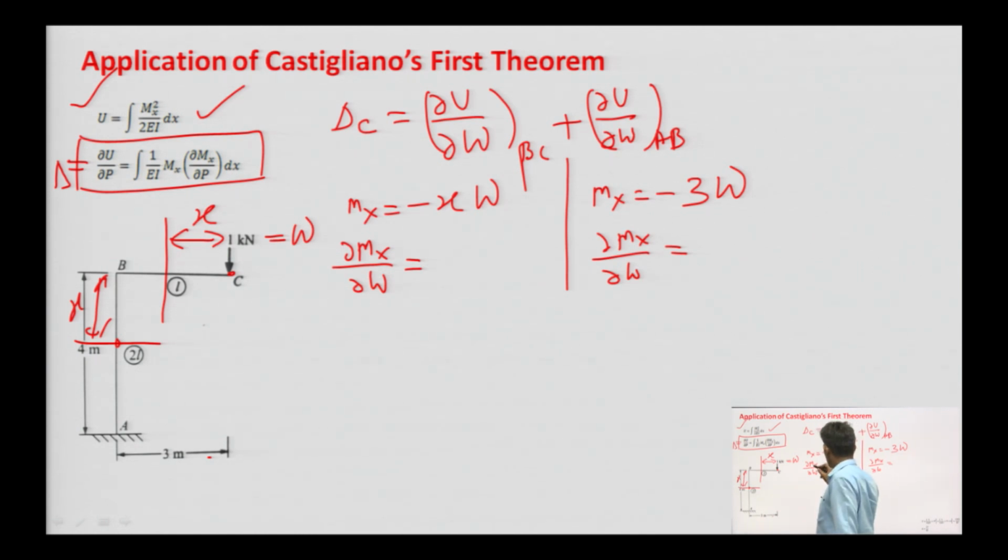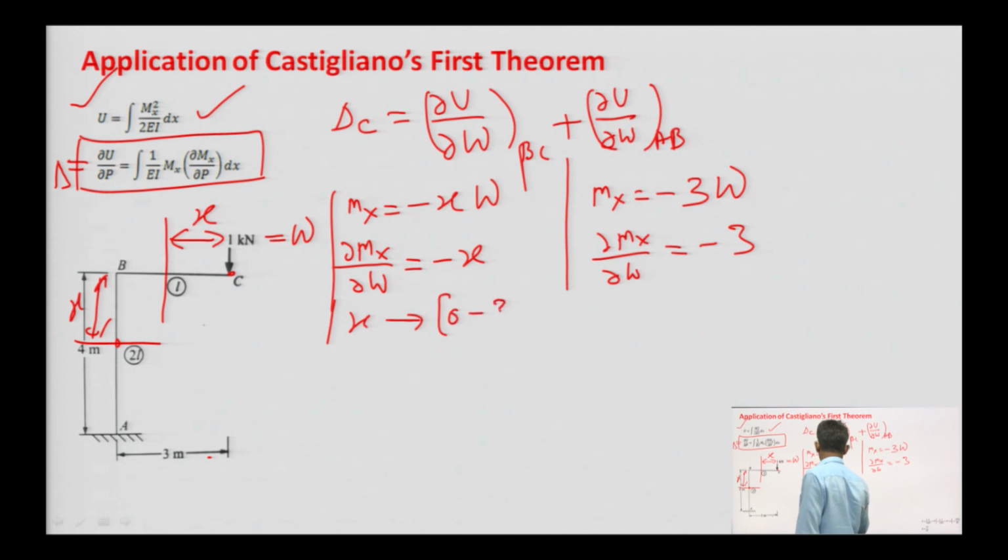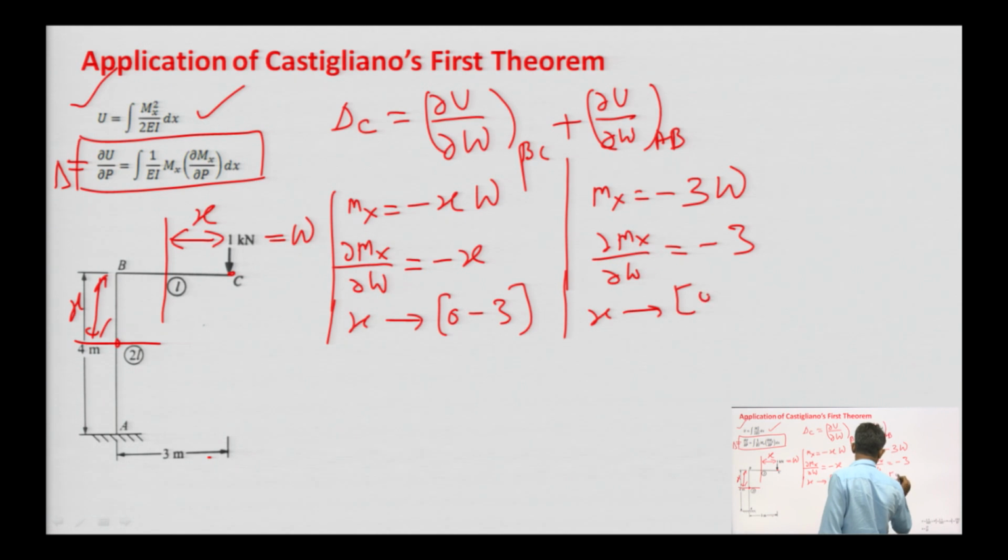So, del m x by del w, it is minus x here, and here it is minus 3. And the limit x ranges from 0 to 3 here, and here x ranges from 0 to 4.